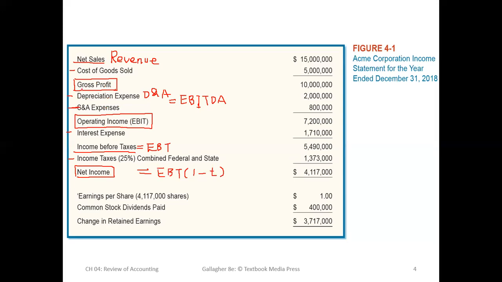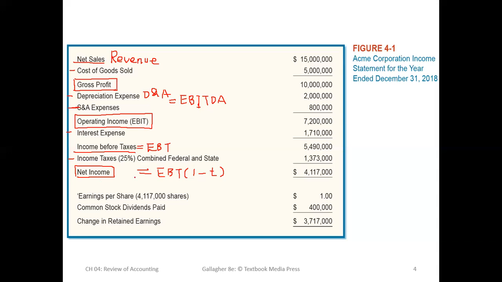You can say, what is your gross income, operating income, or net income? Either one. The income, or profit, is calculated based on this income statement.